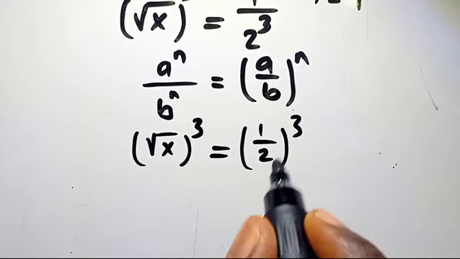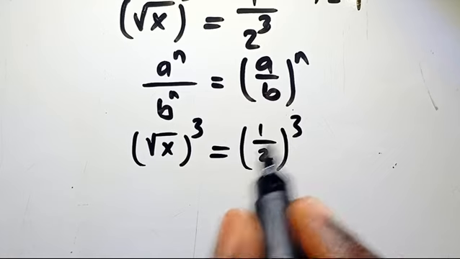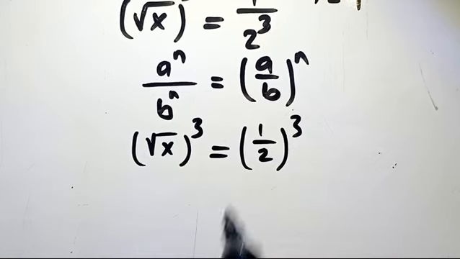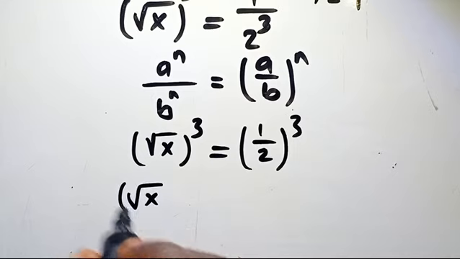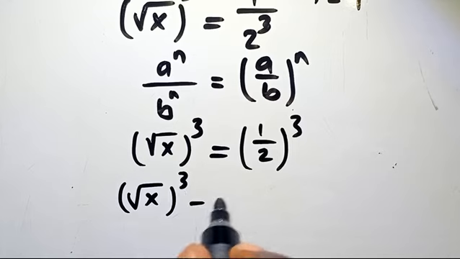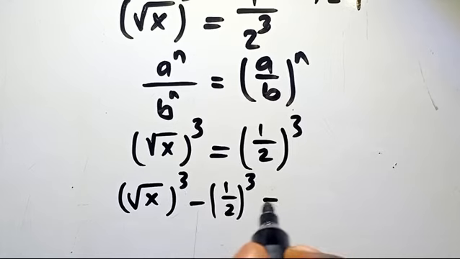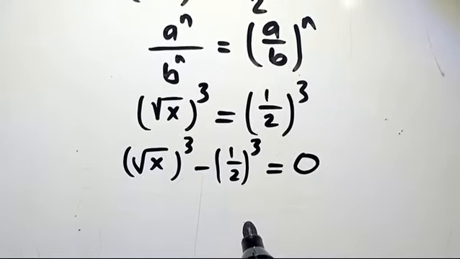Then let's take this (1 over 2) to the power of 3 to this side, so we can solve it using algebraic expression. So here will be (root x) to the power of 3 minus (1 over 2) to the power of 3 equals 0.